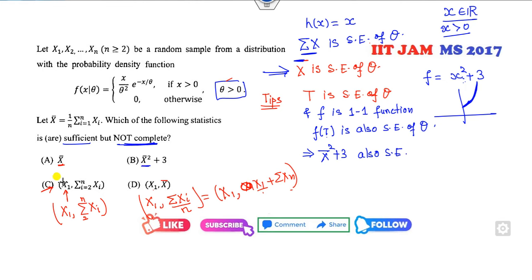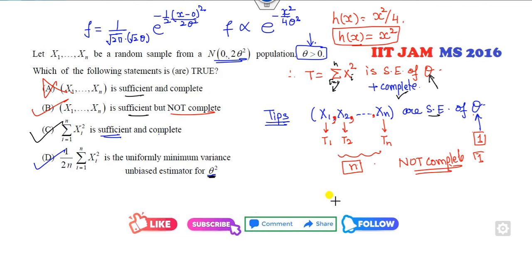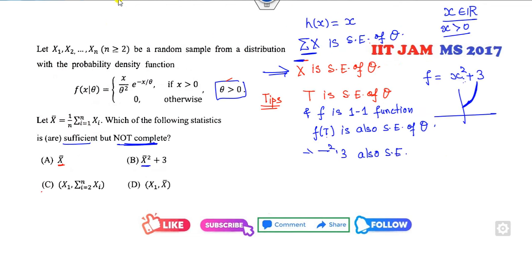What is the shortcut? As I told you, the dimension should be the same. If you look at this example, what is the dimension of this? It is 2 dimensions, but we need a sufficient estimator for theta only, which has dimension 1. So it is not complete.